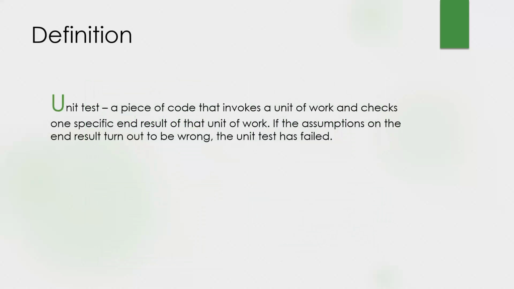So let's start with the common definition of unit testing. Unit test: a piece of code that invokes a unit of work and checks one specific end result of that unit of work. If the assumptions on the end result turn out to be wrong, the unit test has failed, and the unit test is then marked as red. If the unit test passes, then it is marked as green.